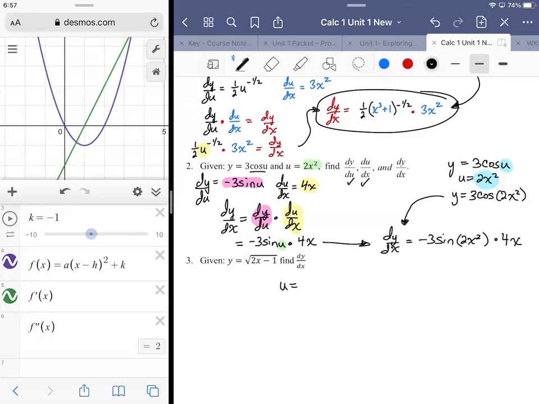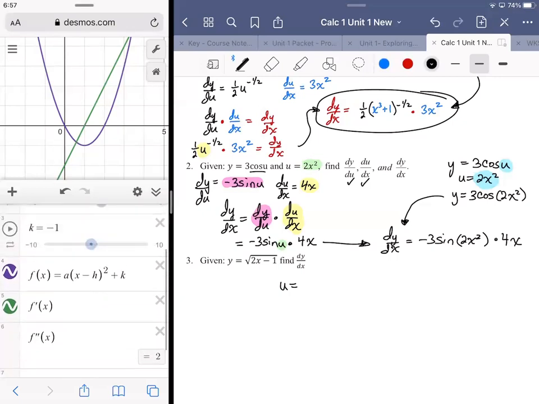Not transformed functions, not ones that are shifted left, right, up, down. We don't want what you see in the Desmos here, a times x minus h squared plus k. We just want like 2x squared at most. We want something that's nice and power rule-y, nice and easy.